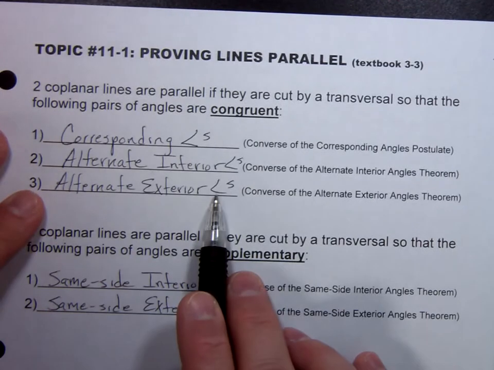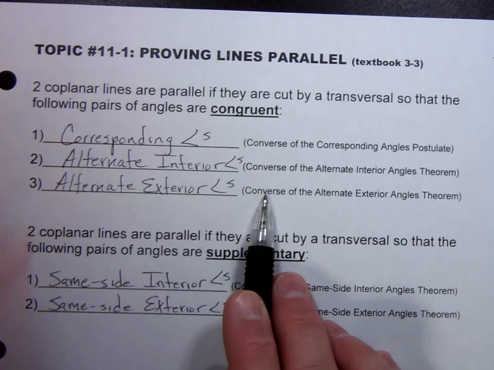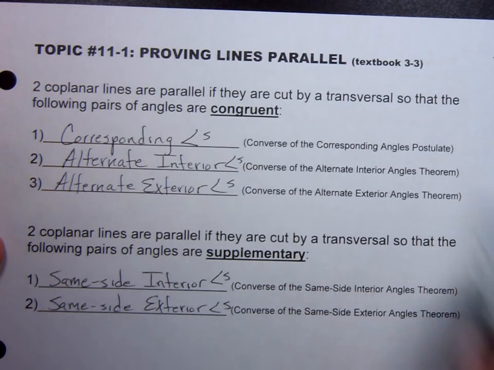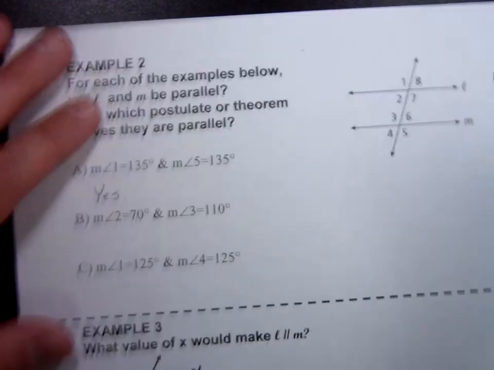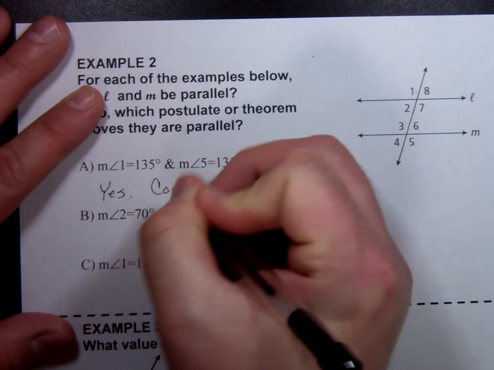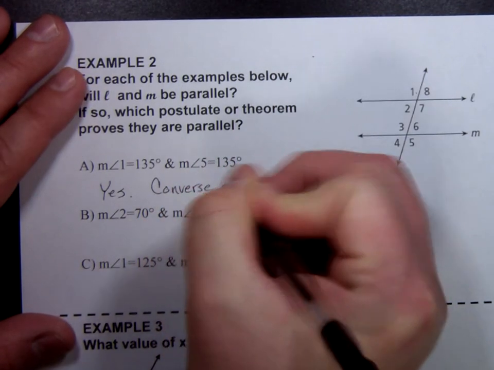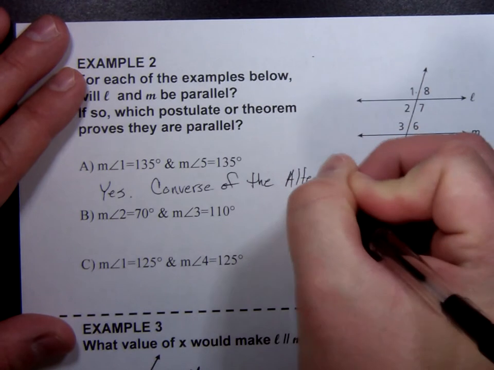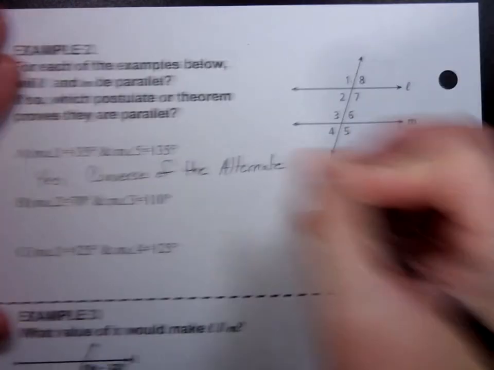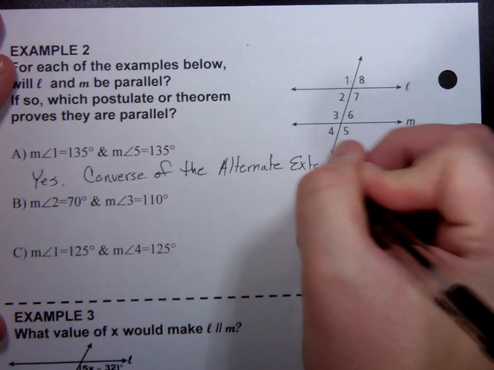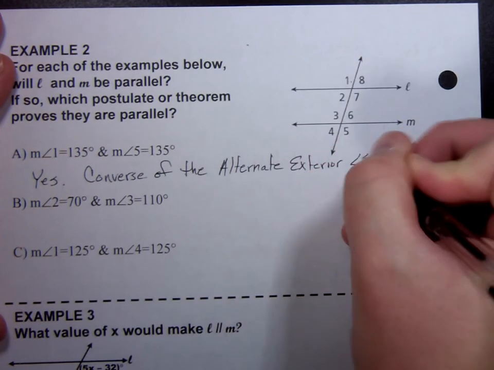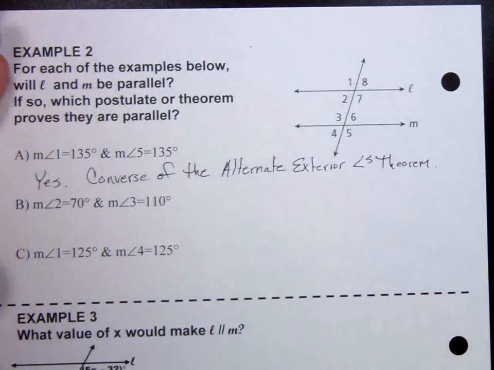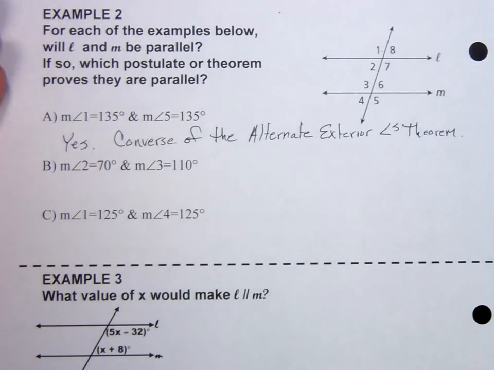If alternate exterior angles are congruent, and therefore we're saying the lines are parallel, that's using the converse of the alternate exterior angles theorem. Converse of the alternate exterior angles theorem.